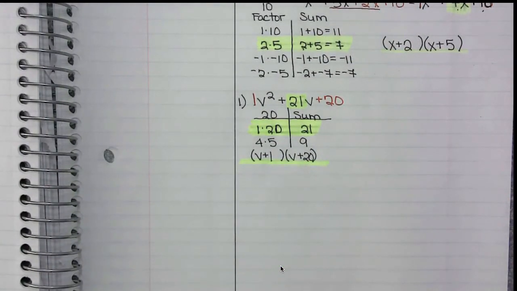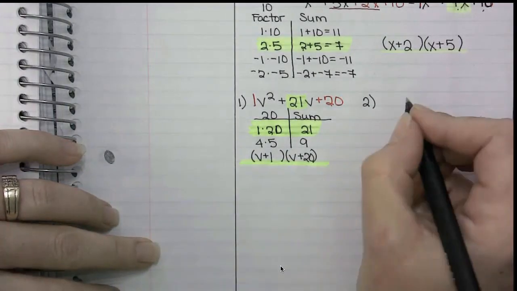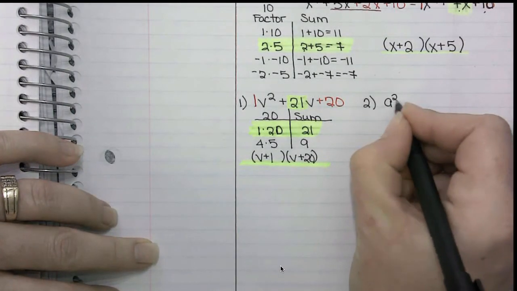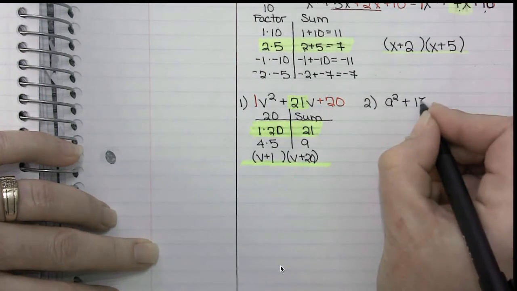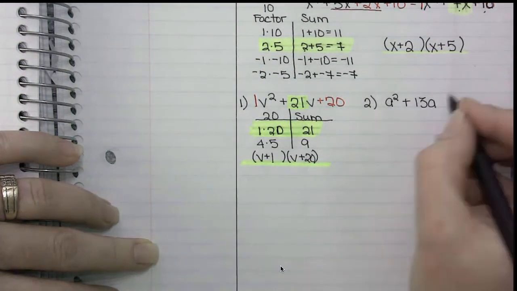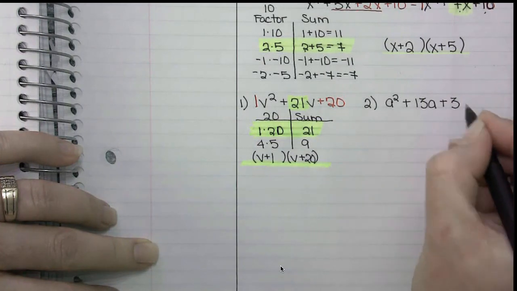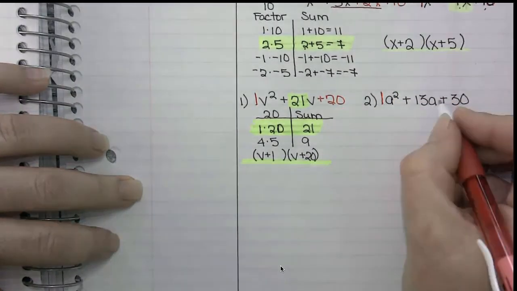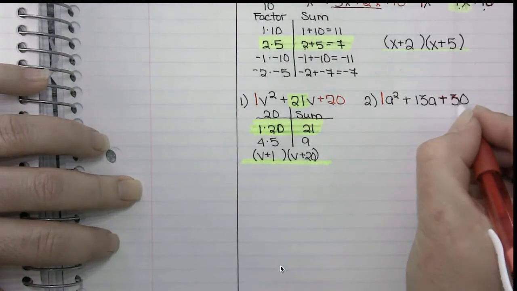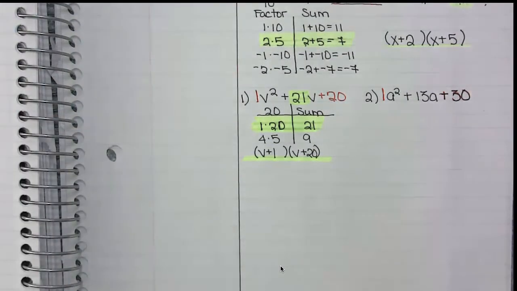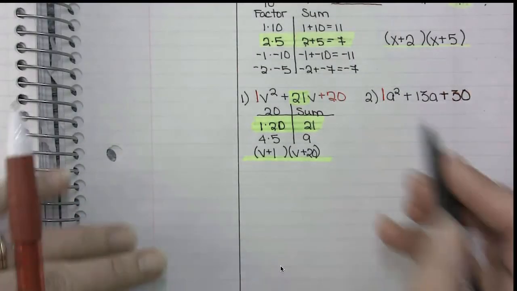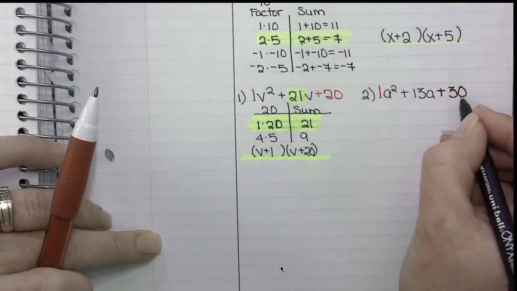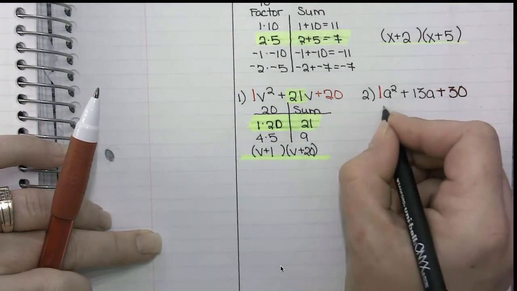Next example, a squared plus 13a plus 30. I have a 1 in front of my a squared and a positive 30 at the end of my trinomial, and so I'm trying to find factors for 30 times 1, which is 30.